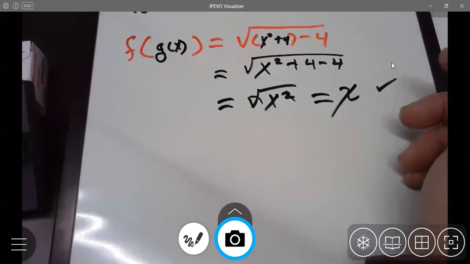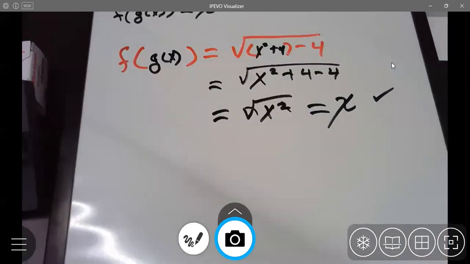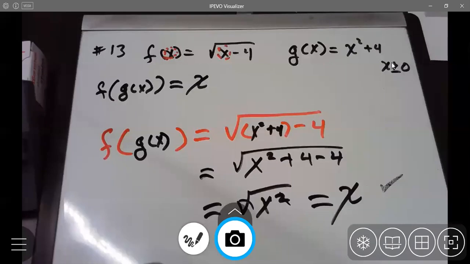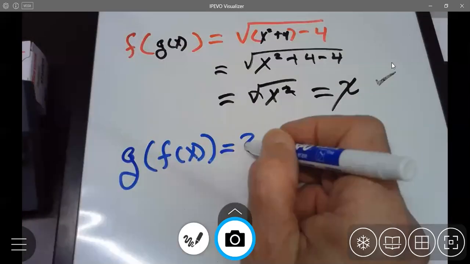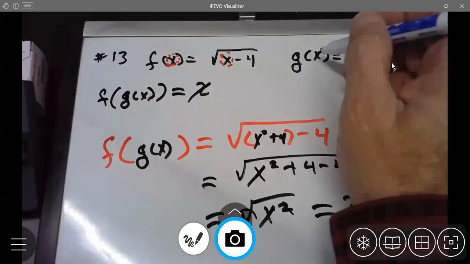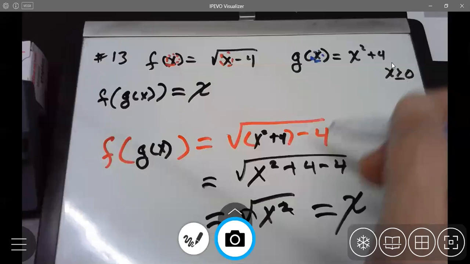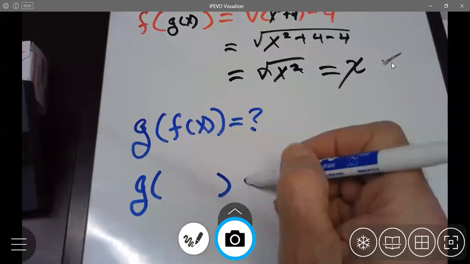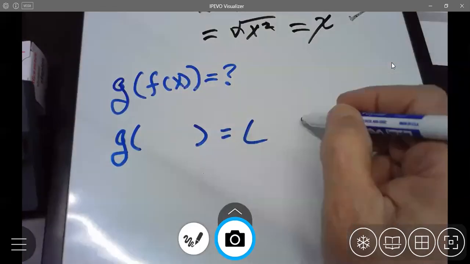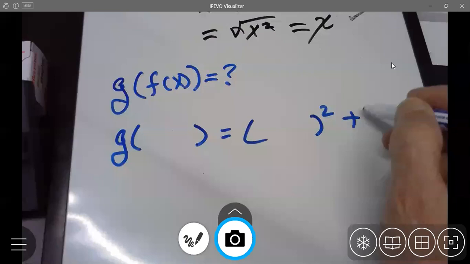And let's try it the other way. So now we're saying g composed with f. Okay, so we want to see if we get x there. So this will be g, and where the x was, we cut it out, put parentheses, and where the x squared is, we put parentheses squared plus 4.